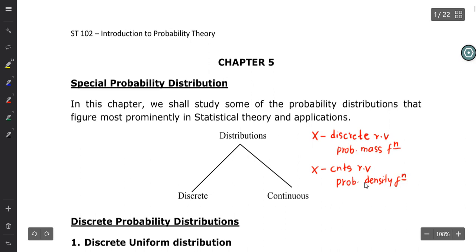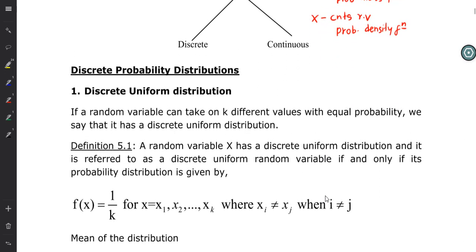In this chapter, we are going to look at some prominent probability distributions that come under discrete random variables and which are widely used in statistical theory and applications. We start with the easiest one, the basic one, which is the discrete uniform distribution.